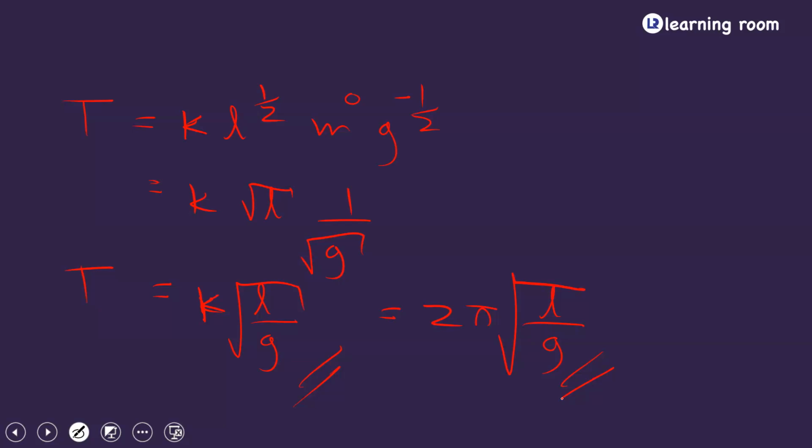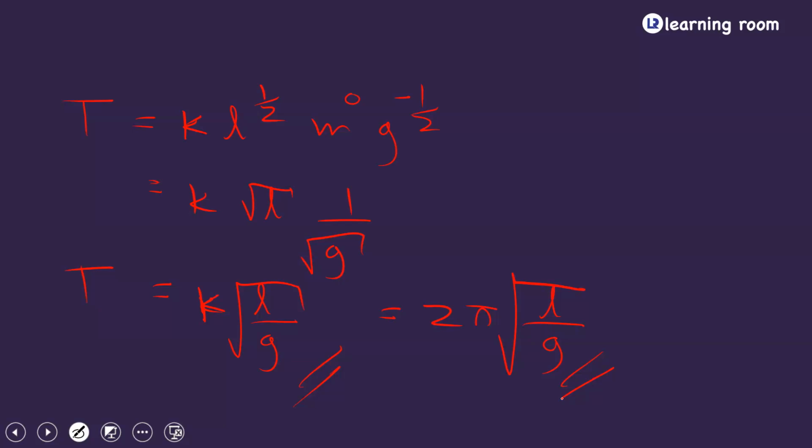So even if you consider a wrong variable, you say, oh, it may be proportional to the mass of the pendulum, what will happen when you do dimensional analysis? It doesn't make sense and it is not proper. Isn't that something very cool? Don't you think we can appreciate how cool this concept is?